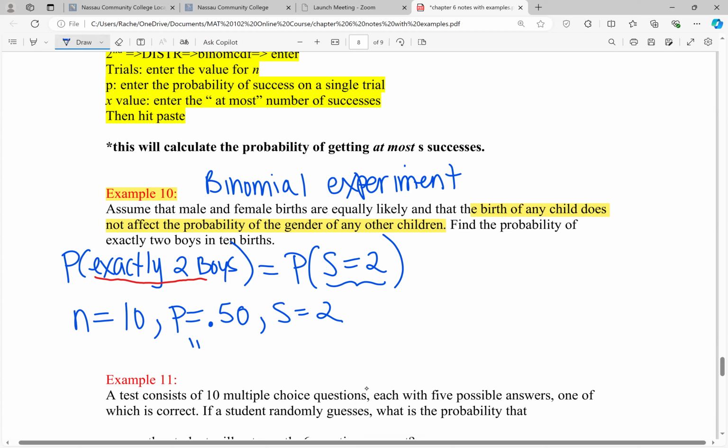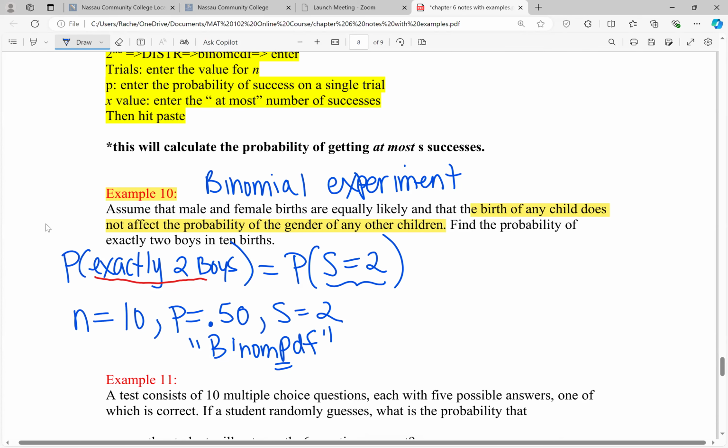This is going to be an example of binomPDF. Remember, we use PDF when we're calculating an exact amount of successes, which is 2 in this case. So N is 10, P is 0.5, the number of successes is 2. So now we could go and plug this into the calculator.